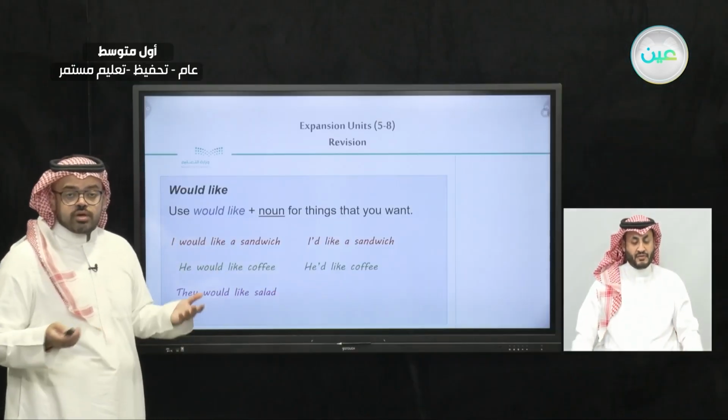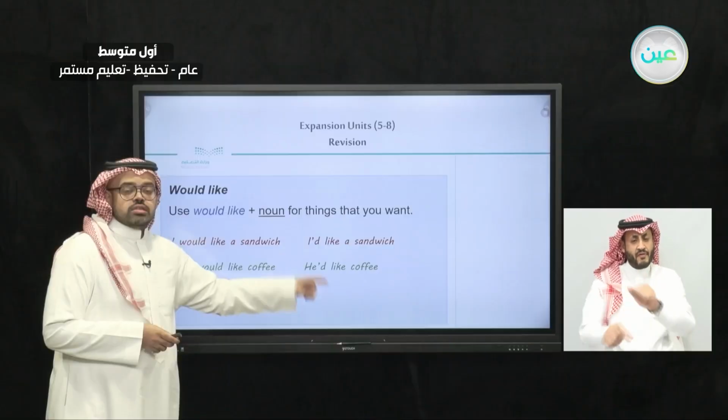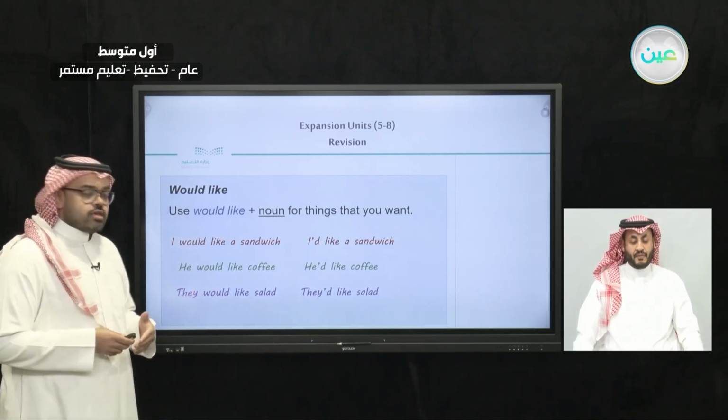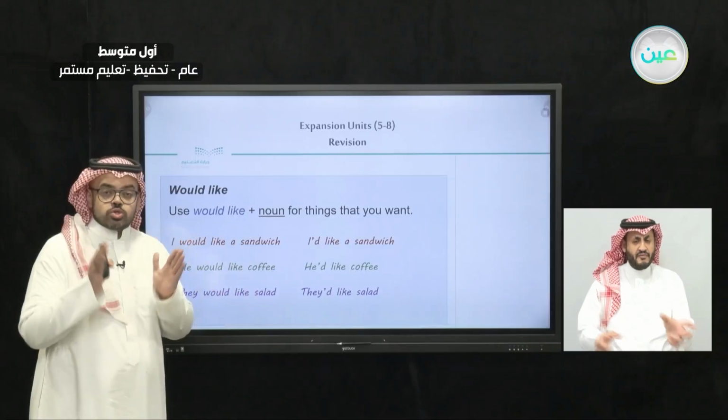And also with subject he, instead of saying he would like coffee, we can say he'd like coffee. And also with subject they, instead of saying they would like salad, we can say they'd like salad. So here is how we can use would like, what comes after would like, and also how we can use it in a shorter form.